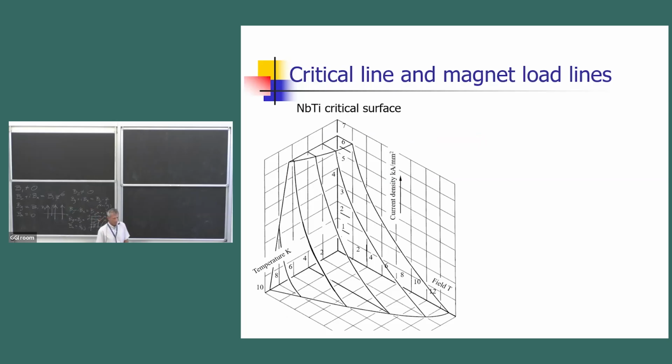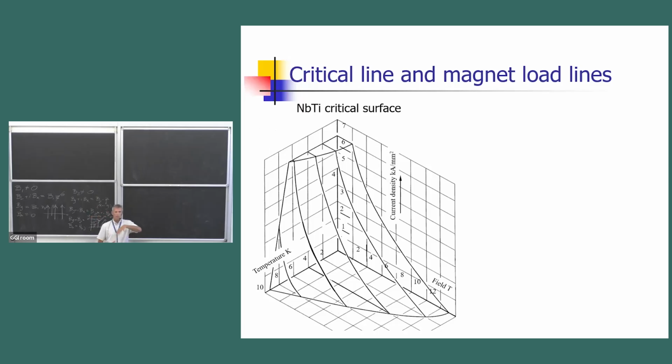If you remember one of the first slides, there was a line, the critical current density of niobium titanium. Actually, that line is nothing else than a part of a critical surface, because any superconductor will have to be cooled and will only remain superconducting if you're below a certain field. So the temperature limit under which you're superconducting is called the critical temperature. The field limit under which you're superconducting is called the critical field.